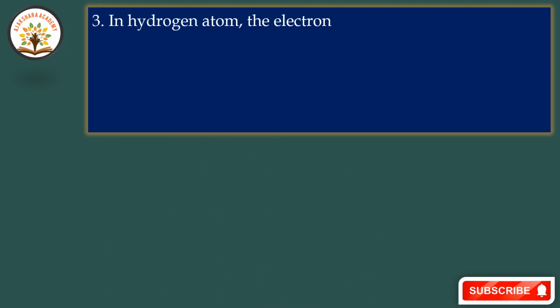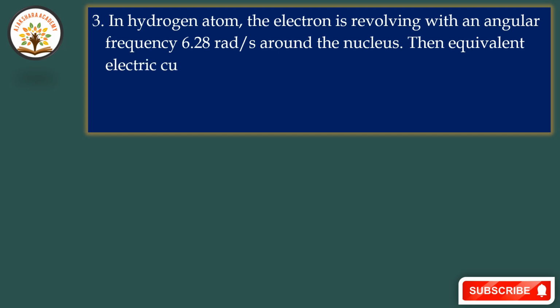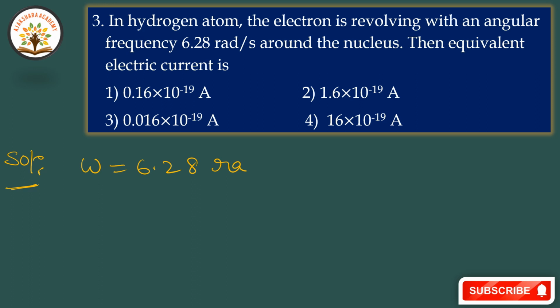In a hydrogen atom, the electron is revolving with an angular frequency 6.28 radians per second around the nucleus. Then the equivalent electric current is, here we have to calculate the electric current. Now let us go to the solution. Given angular frequency omega is equal to 6.28 radians per second and we have to calculate electric current.